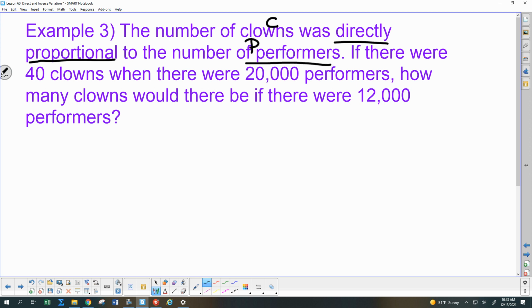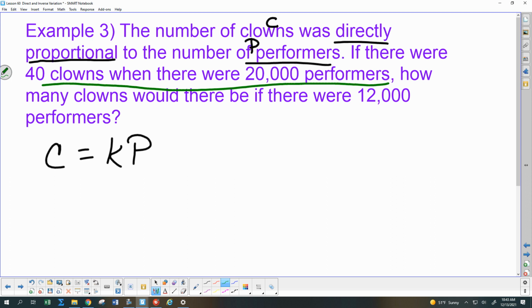Is that what you wrote down for the formula? I think C equals K times P. Thumbs up, thumbs down. Okay, now I want everybody to substitute in your information for case 1 and figure out what K needs to be for me. And then we'll pause and make sure we've all got the same K.